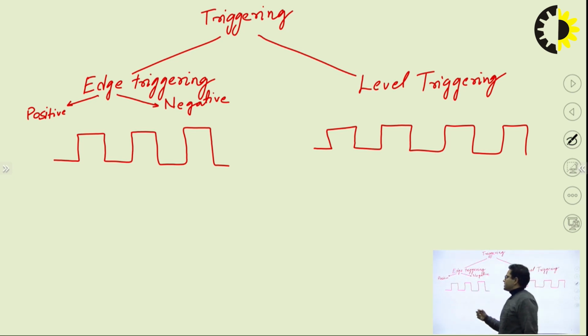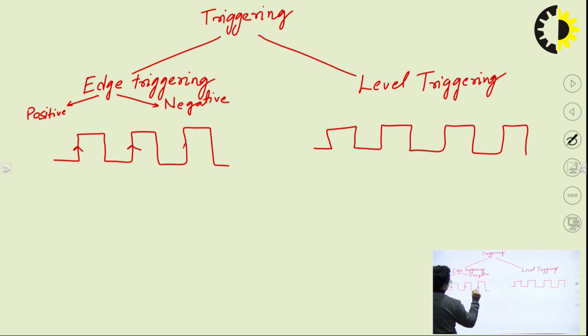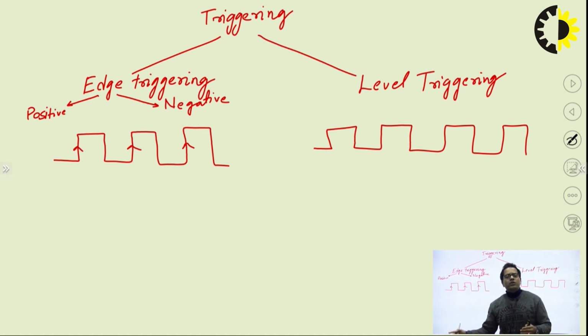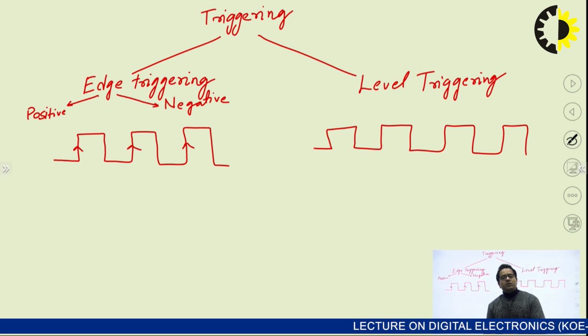Let us take each case one by one. I am considering positive triggering. In the case of positive triggering, your machine or your flip-flop is going to respond only if it sees a transition from 0 to 1. At the moment of that transition it will respond, while in the remaining states, whether it is 1 or whether it is changing from 1 to 0, that is immaterial for that particular device.